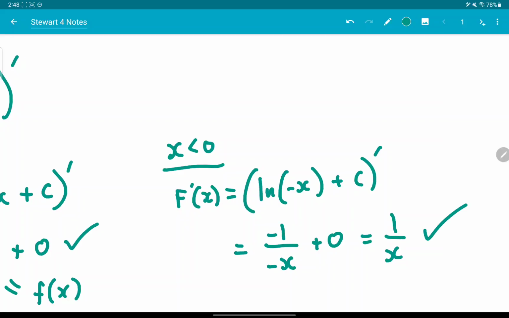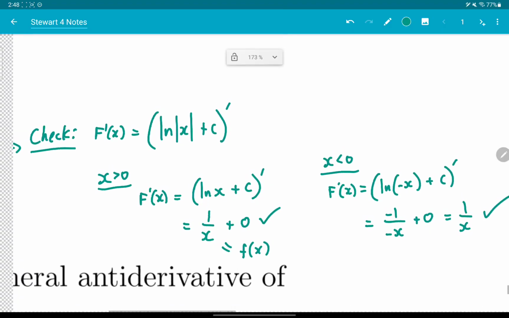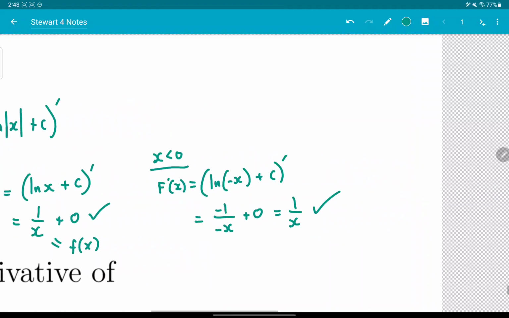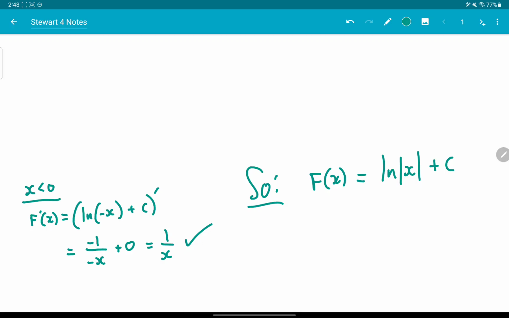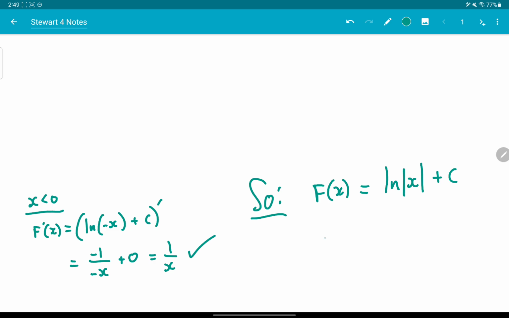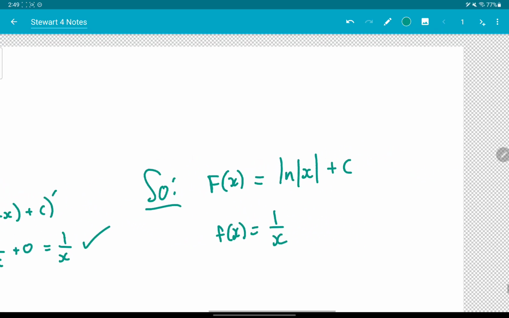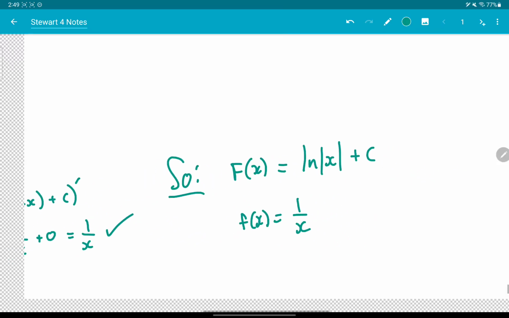That does work again. Okay, long story, but the upshot is that this will be our most general antiderivative for f of x equals 1 over x.